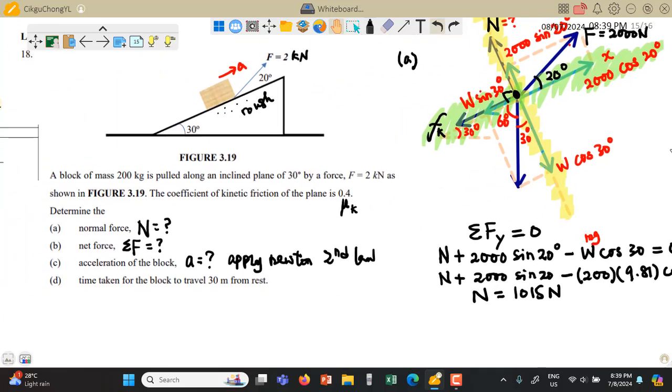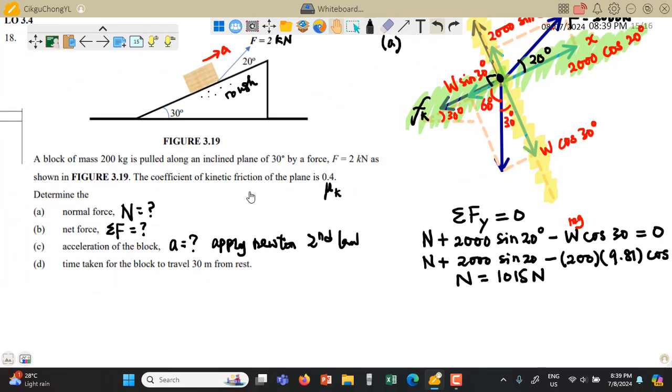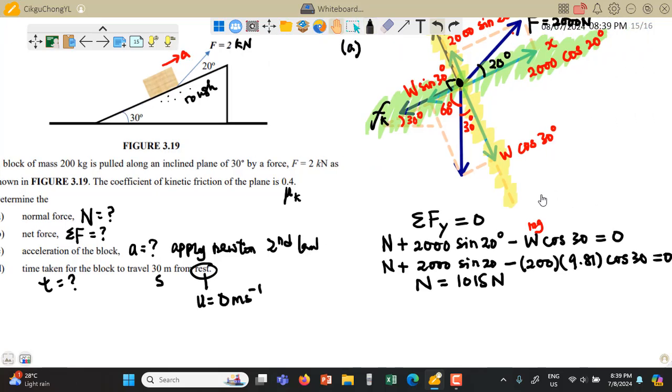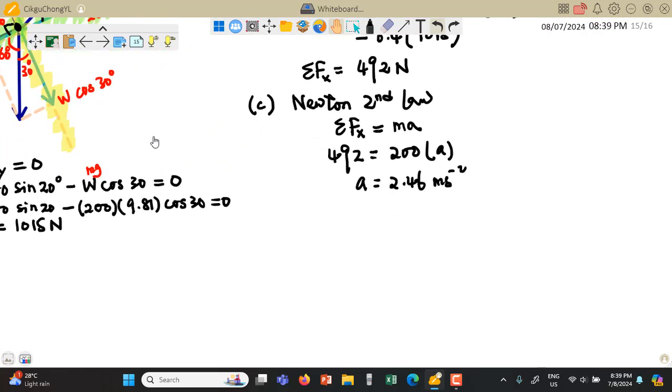Then question D, we need to calculate the time taken for the block to travel a distance of 30 meters from rest. The keyword rest tells you that the initial velocity of the block is 0 meters per second. Because the block travels straight up along the inclined plane, to solve question D we can apply kinematic equations.